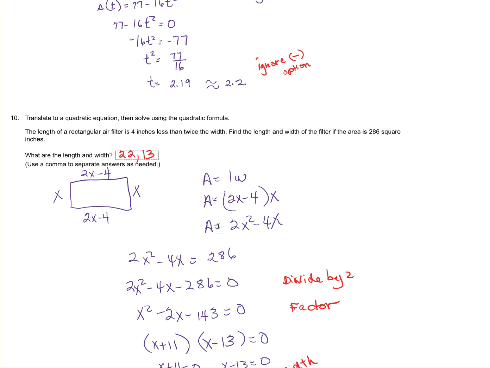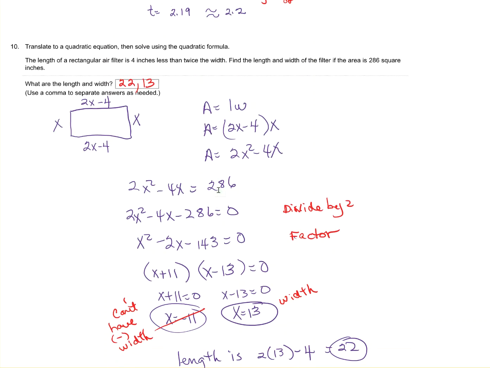Well, they told me the area was 286, so I take my equation that I came up with, equals 286. Subtract that 286 over here, equals 0. Remember I talked about even numbers, especially if this is a 2. Divide everything by 2. That leaves you x squared minus 2x minus 143.